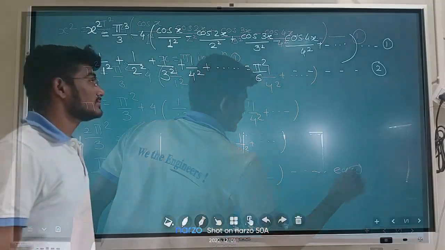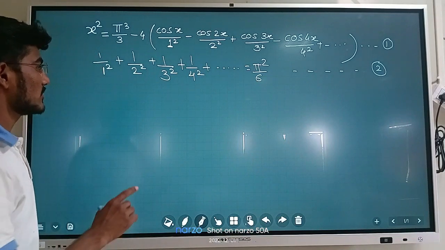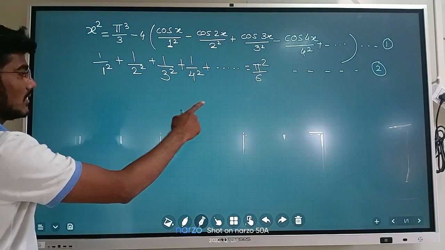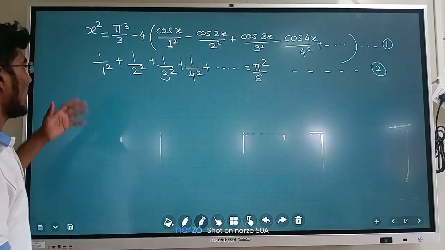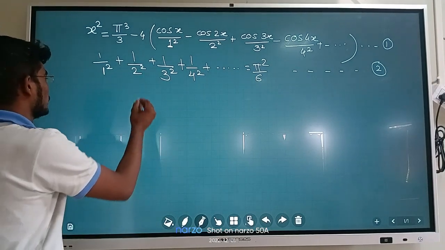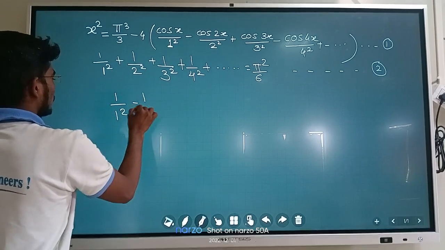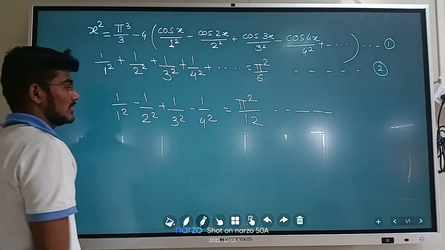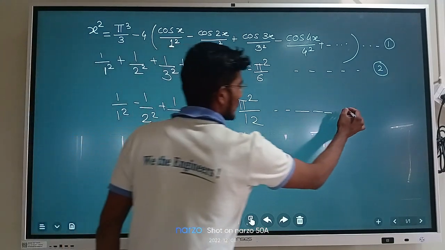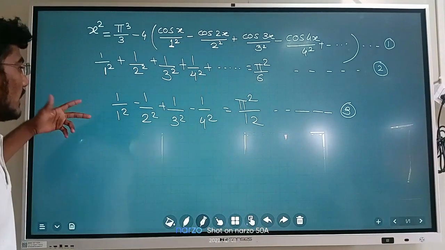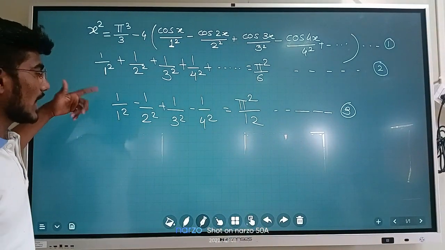For getting the second result, we put x is equal to 0 in equation 1. We solve it as in the previous example and we get this answer, which is the required second result. So we give it equation number 3. Now we add equation number 2 and 3.